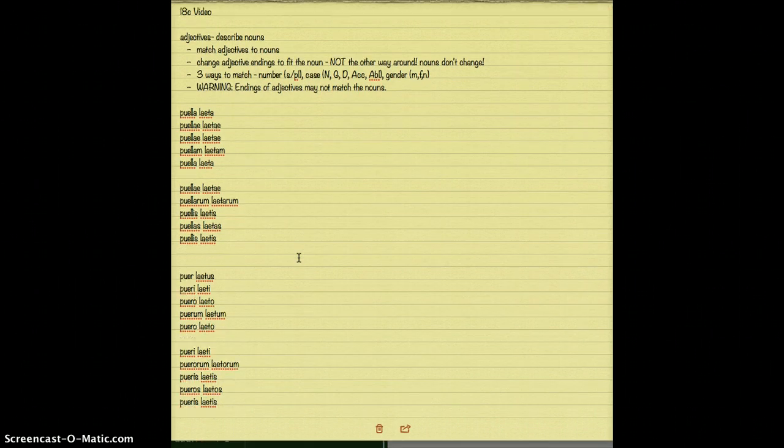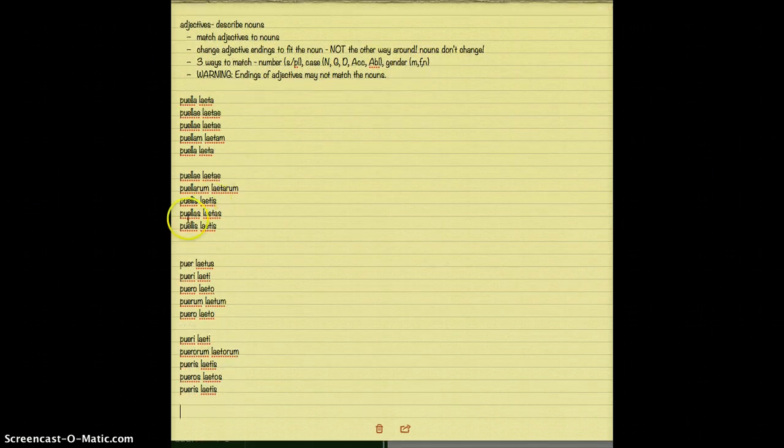Okay, so a lot of times they'll match, but be careful of the ones where they don't. You still have to recognize that R is a masculine nominative singular, but us also is.